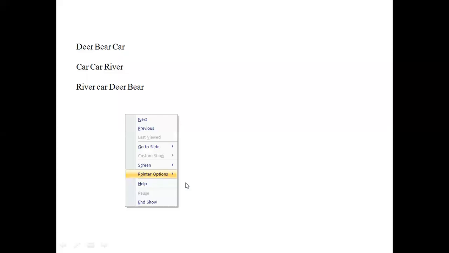This is the text data we have, the total file. Here we internally divide this file into three splits. Each split contains the following words: deer, beer, car, river, river, car, deer, beer.